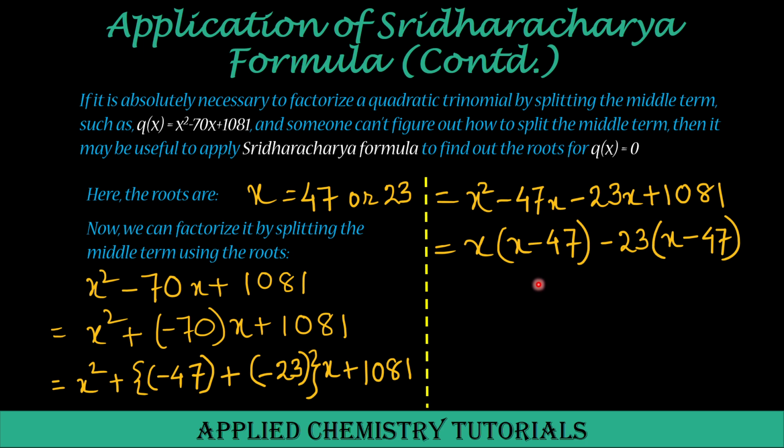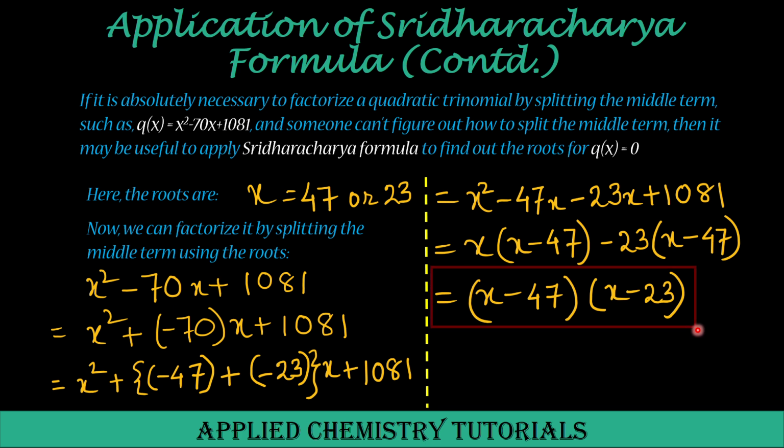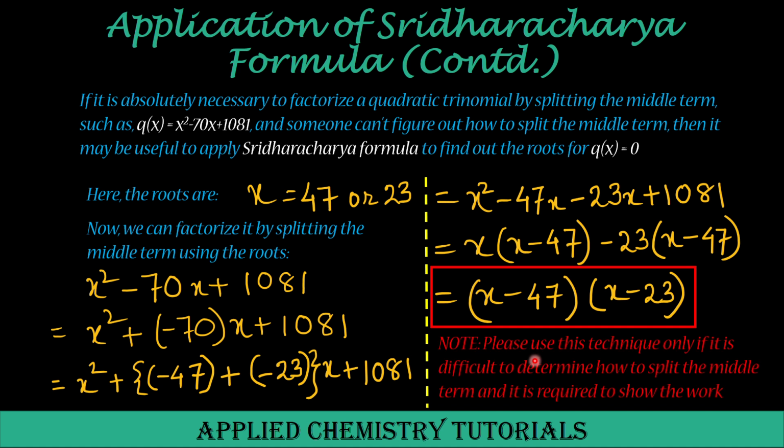From both of these terms, we can take (x - 47) as the common factor. So we'll have (x - 47) multiplied by (x - 23). This is the factorized form of the given quadratic trinomial x² - 70x + 1081.